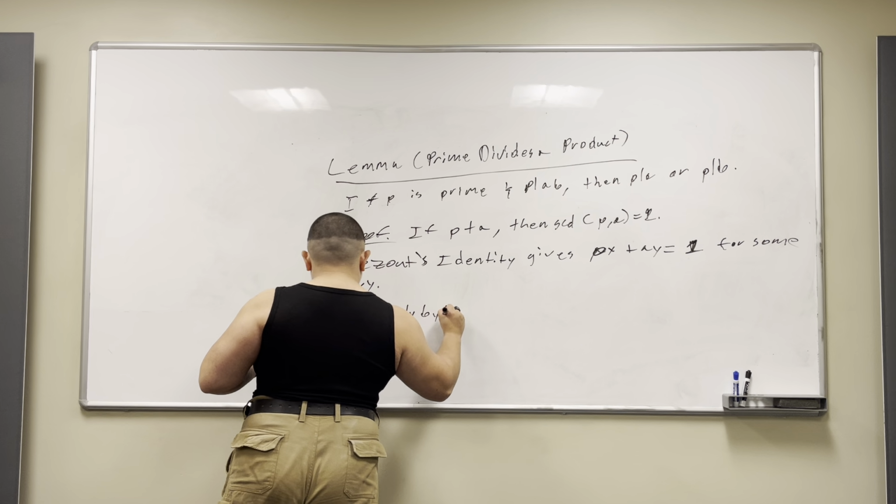And what does this get you? Well, this gets you pbx plus aby, which is equal to b. Now, since p divides pbx and p divides aby, what we get is that p must divide b. So it must divide the sum. Fair enough.